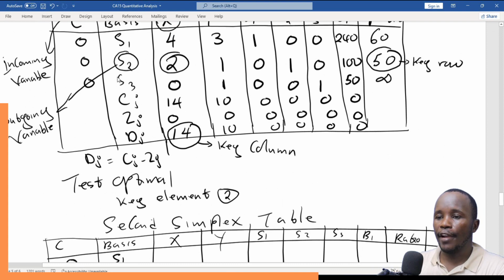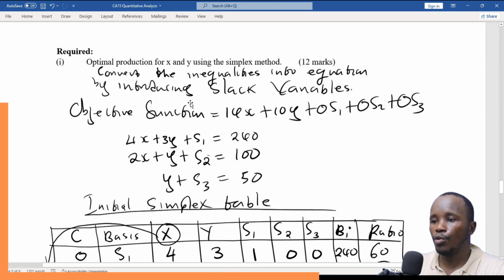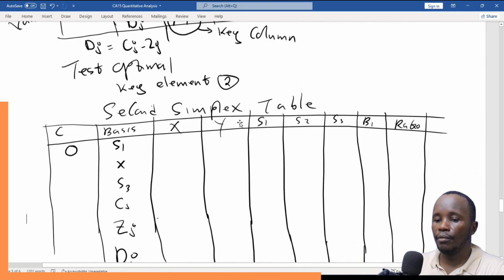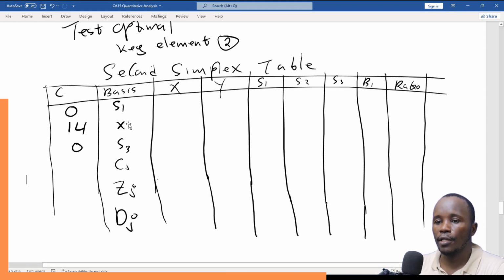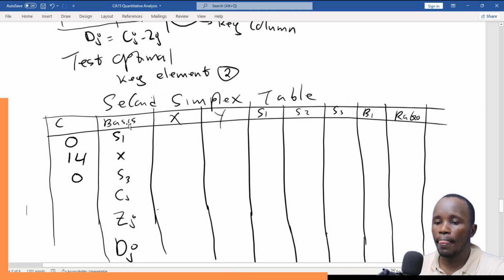The coefficient of X, you go to our inequality. The coefficient of X is 14. The coefficient of S3 is 0. Good. We have the coefficients of our bases here.